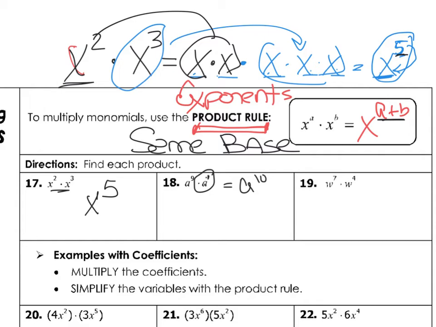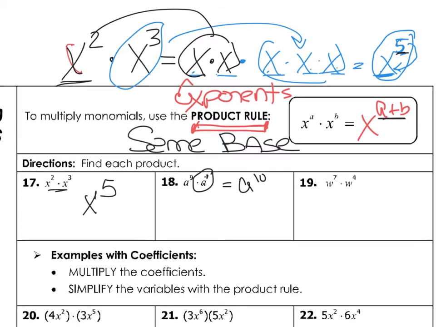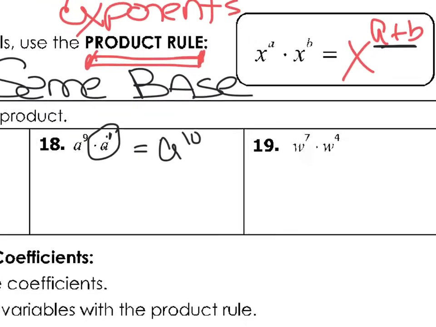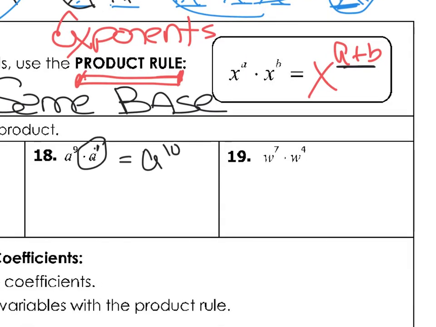I'd write that invisible 1 down until I got in the habit of remembering it's to the 1 power. Okay, w is the base, so it's being multiplied here, so I can add my exponents. It's going to equal w to the 7 plus 4, or w to the 11th power.